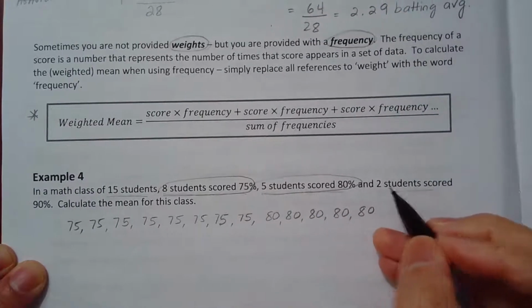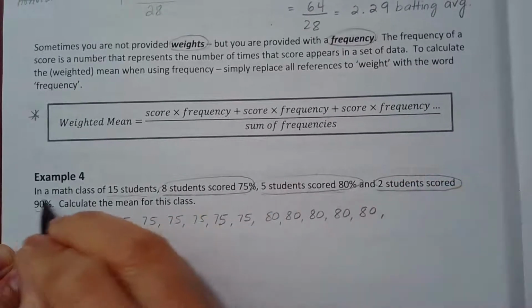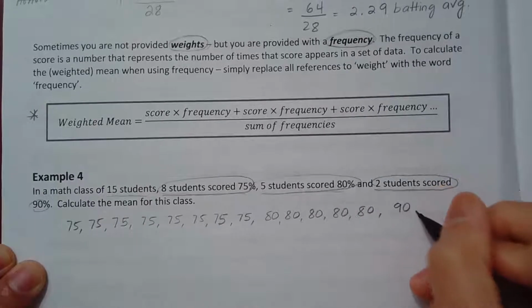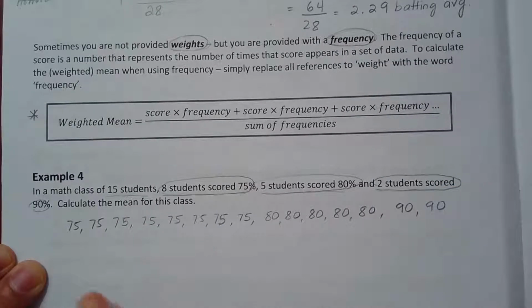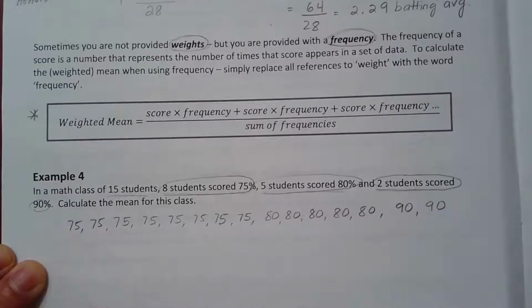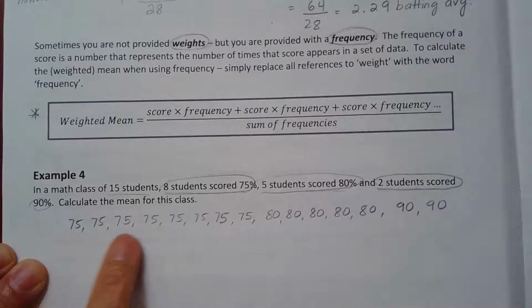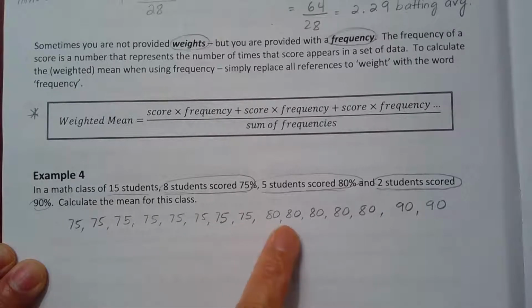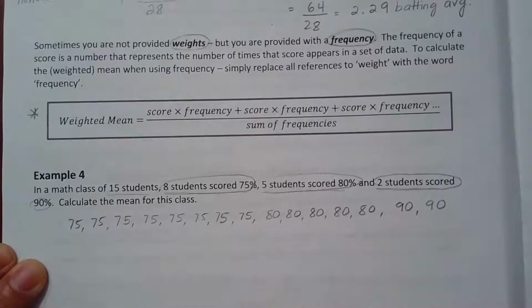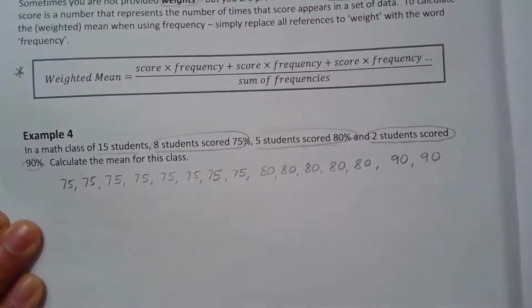And then 2 students scored 90. So that's basically what the data looks like, right? And are there 15 of them? Yeah, there's 15 of them. So 8 plus 5 is 13, plus 2 is 15. So that's all 15 students.